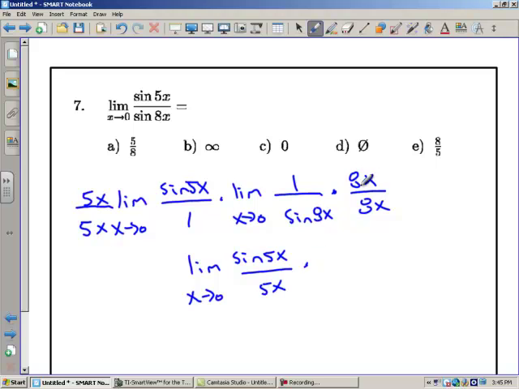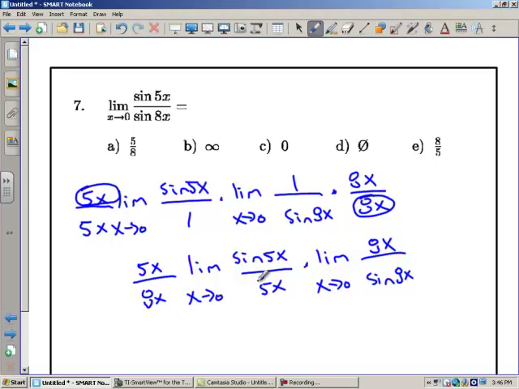And then this numerator for this 8x I'm going to take up there. So I'll have the limit as x approaches 0 of 8x over the sine of 8x. What do I have left here? Well, I've got this 5x left up here that I haven't dealt with, and this 8x left down here that I haven't dealt with. So I'm going to let those come all the way out in front because I don't want them in here anywhere because they mess up my trig limit.